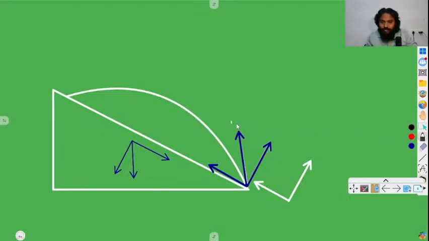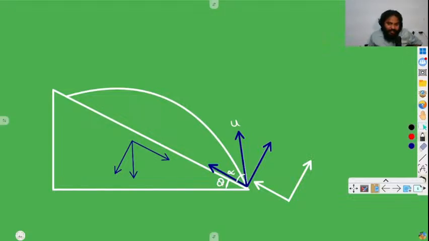Here the angle of inclination is theta, and with the surface you are making an angle alpha, and you are projecting the object with u velocity.